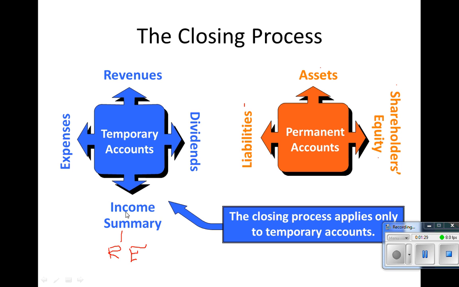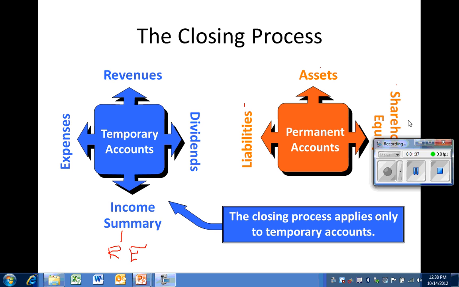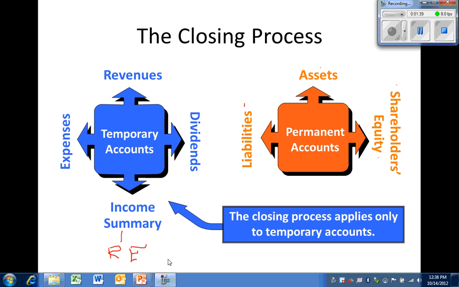We'll be doing this to an account that is called Income Summary. This is a temporary account that lives only in the closing process. It will be closed out prior to us going on to the next year. Our permanent accounts, of course, are our liability accounts, our asset accounts, and shareholders' equity.